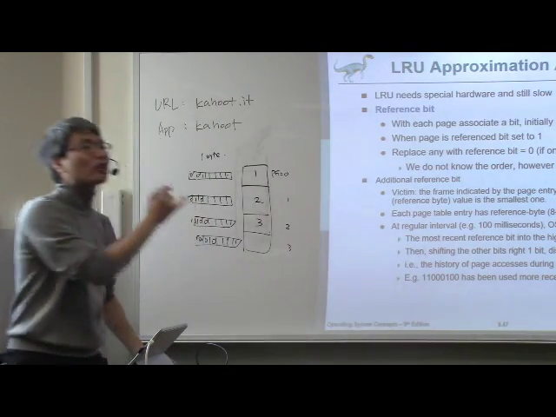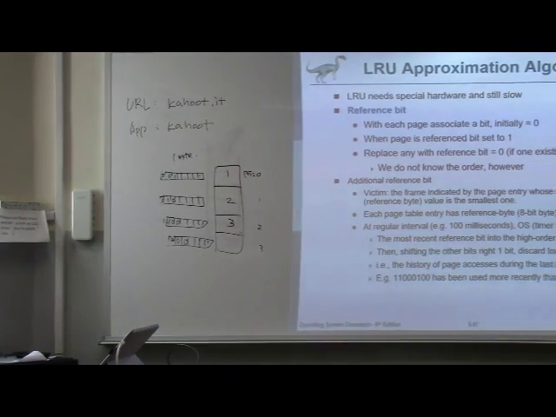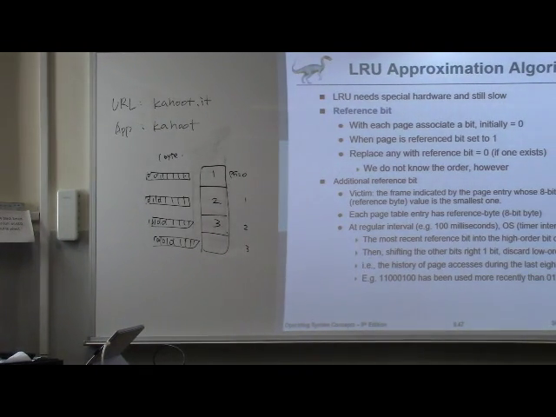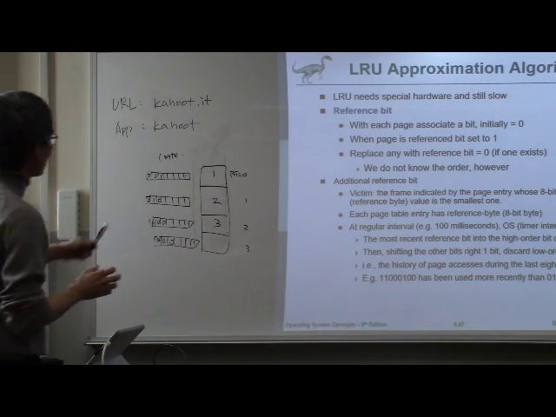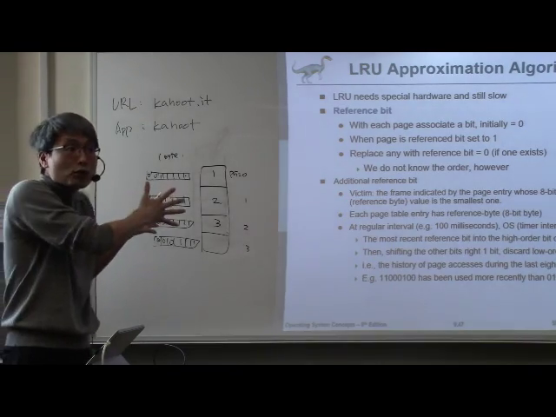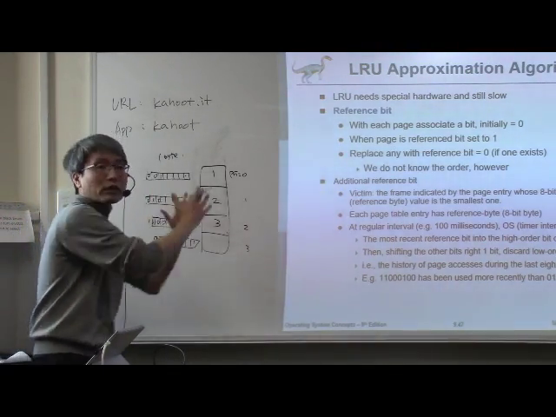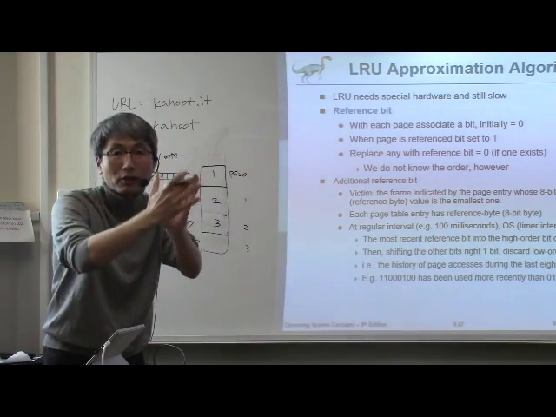Then, when we select a page, which one will be selected? How can we select it? The one with the most significant one. In other words, the least recently used: the lowest number. From the most significant bit, check the biggest number, because that is the MSB. If we have the time, then check the next bit, and the next bit.